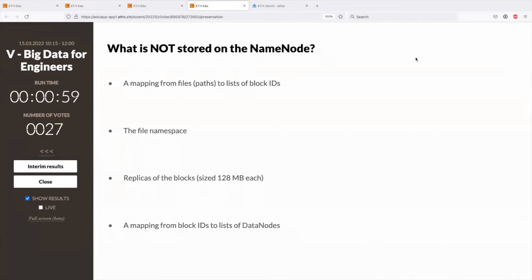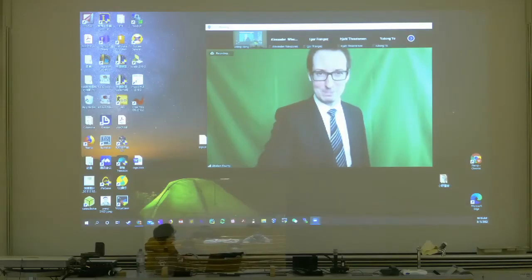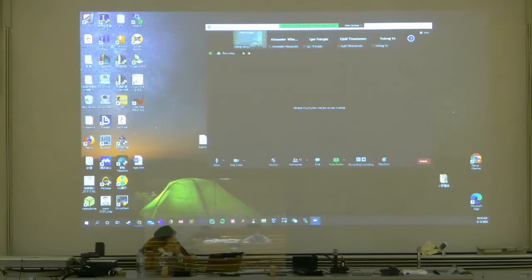So let's see your answers. There is vast agreement that it's the replicas of the blocks. Why do we not store the replicas of the blocks on the name node? A student said because the data are stored on the data nodes.